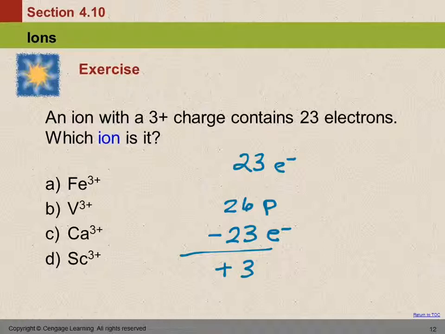So this must be Fe3+. The number of protons tells us which element it is. In a question like this, they're not giving you the number of protons, they're giving you the electrons and the overall charge. Any questions?